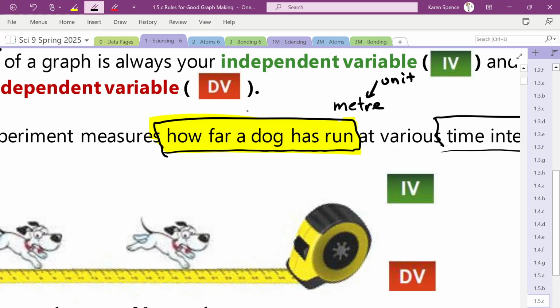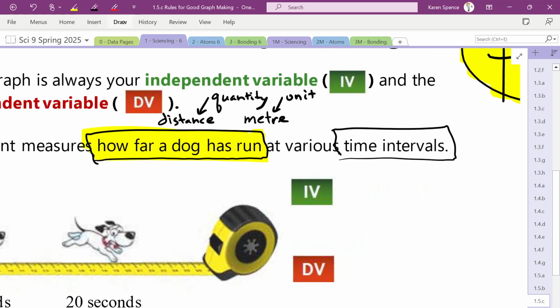And it would be distance, yes. And that's our quantity. And then we have various time intervals. Okay, so we have T for time, and it's measured in what unit? In seconds. Okay, so we've got distance, which is D, meters, which are M.